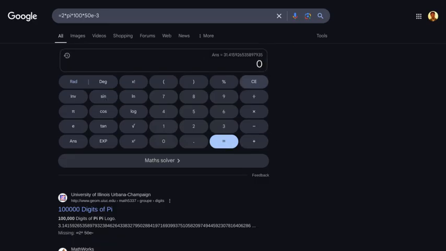So 1 divided by 2 into pi multiplied by square root, sorry, L is 50 milli into 100 micro.